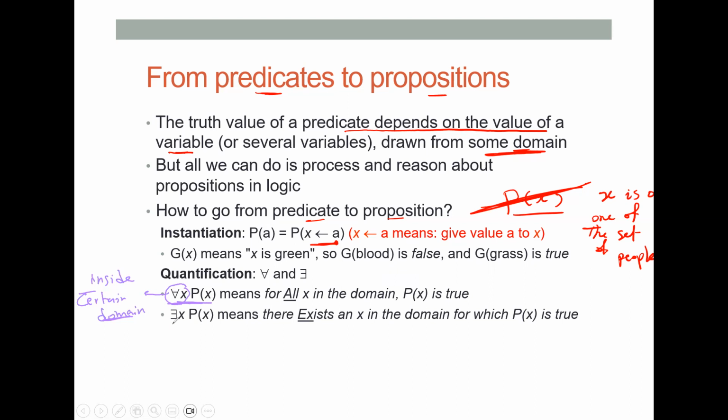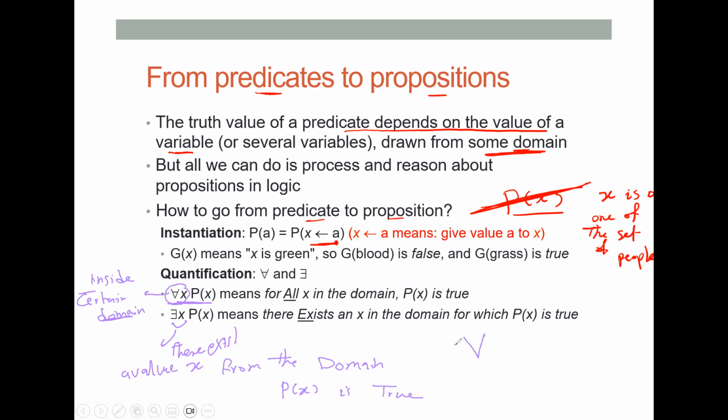And this one, there exists X, means there is at least one value from the domain for which P of X is true. Okay, this is how we read it.